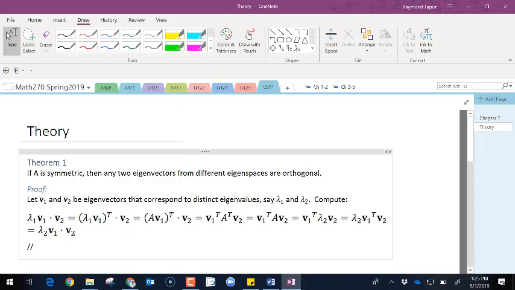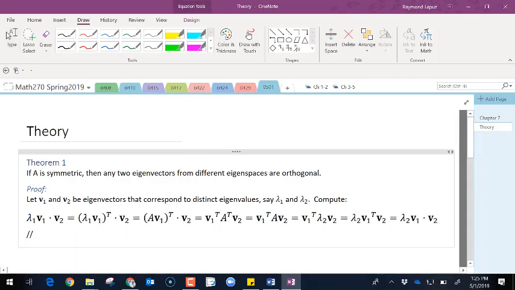And here's a quick one-line proof, one line with a bunch of equal signs. If you take any two vectors and multiply by one of the eigenvectors, somewhere along the line, this is going to be equal to those same two vectors dotted with a different eigenvector.